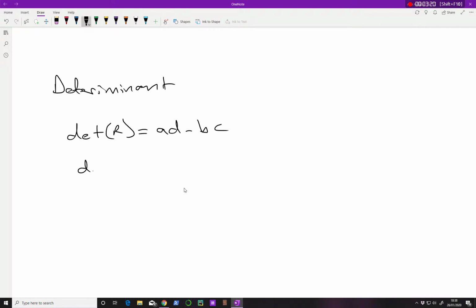And det R actually gives me the scale factor, or rather, importantly, the area scale factor. Now, this is very important, the fact that I've written an underlined area.